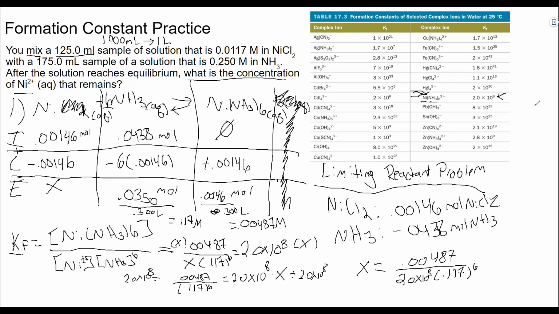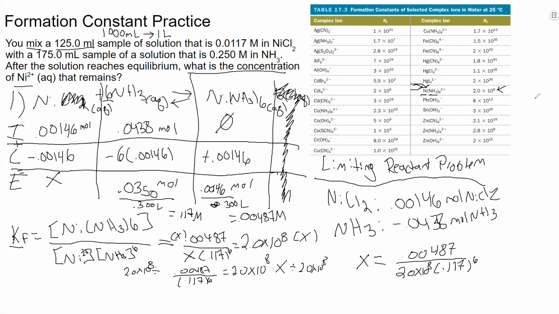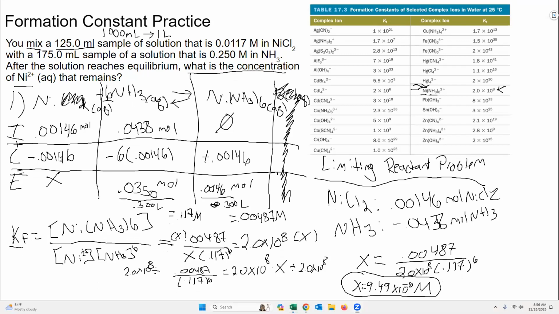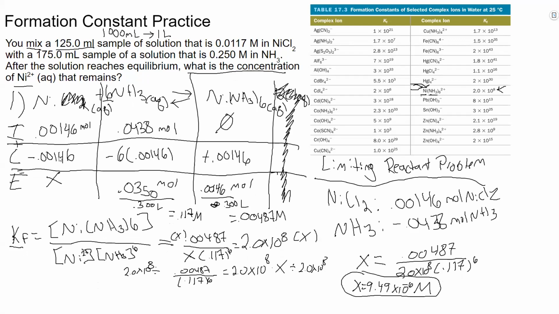So 9.49 times 10 to the minus 6. x equals 9.49 times 10 to the minus 6 molar. Remember, it's M because we are dealing with an equilibrium constant, and we're always dealing in concentrations. So that's to the minus 6, not the 6. Big difference there, right? If we look at that number, that's a very small number. It's not 0, but it's an incredibly tiny number.